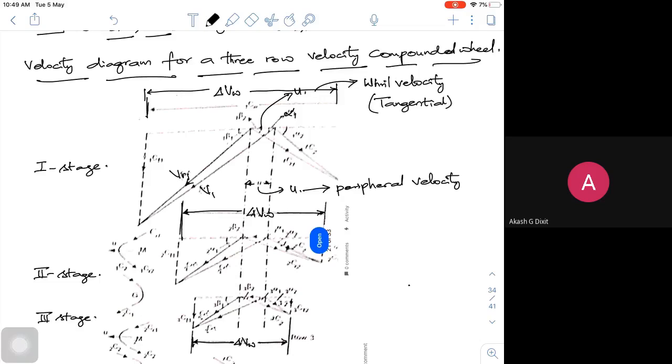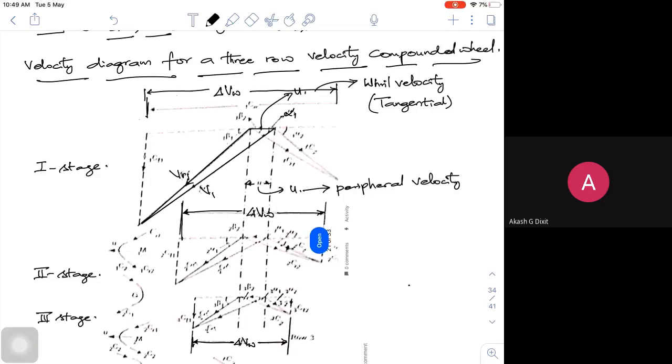So what will my velocity triangle be? My velocity triangle will be this.